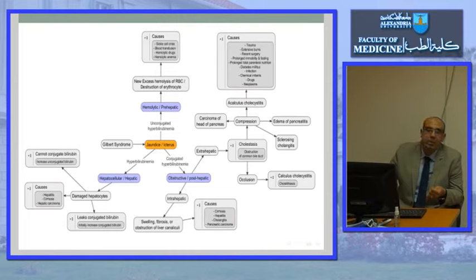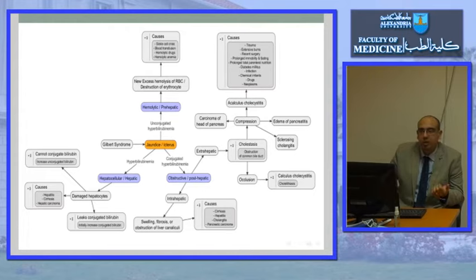It might be an intrahepatic cause, an abnormality inside the liver, like in cases of hepatitis or primary biliary atresia, or extrahepatic causes of jaundice, like obstruction by stones, gallbladder stones, or stones going to the common bile duct, or cancer pancreas. These are extrahepatic causes of cholestasis.